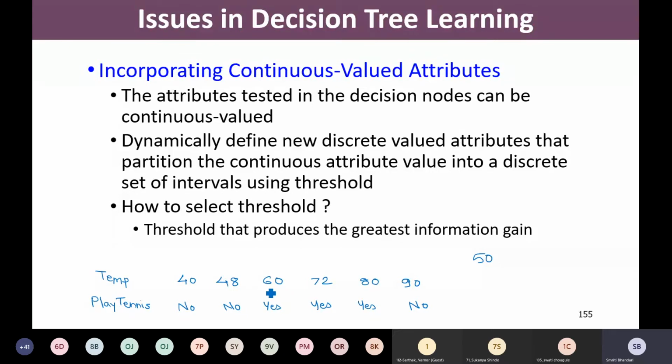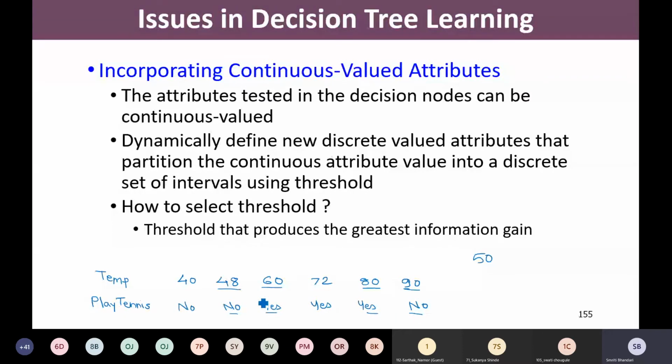After 48 we have 60 and there is a change in the target attribute. So we are going to use these two values. Similarly, one more instance we have in this example. Here 80 and 90 are two consecutive temperature values such that the label gets changed, here from yes to no and here from no to yes.